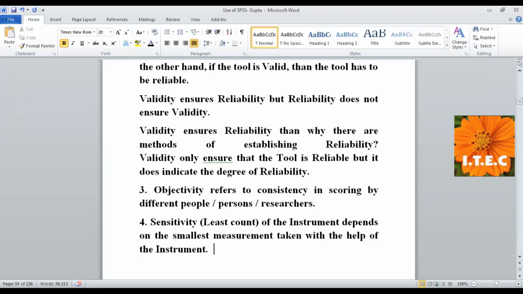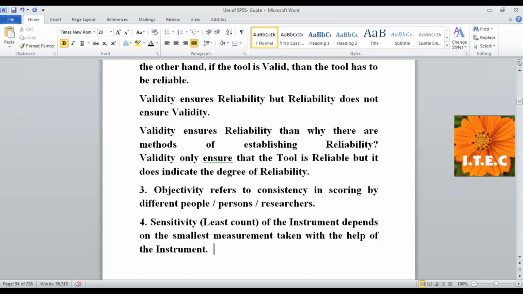But if you take your weight and then take the breakfast and then again take the weight using the weighing machine, you will find there will be slight change. So that means the weighing machine is sensitive and it can measure the smallest change.